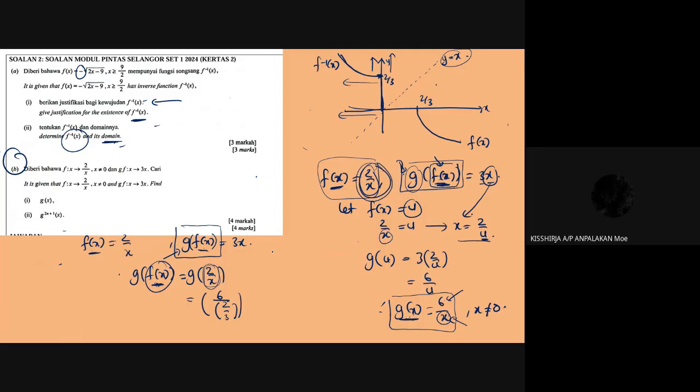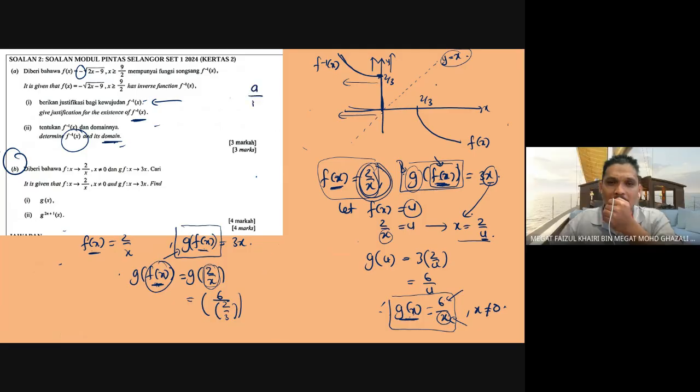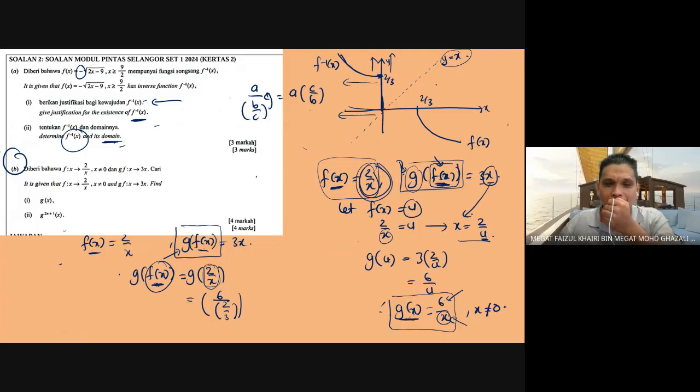So what's going to happen then? 6 divided by 2 over x. A divided by B over C becomes A times C over B, right? Okay, so now it becomes 6 times x over 2. It's 2 over x, not 2 over 2.